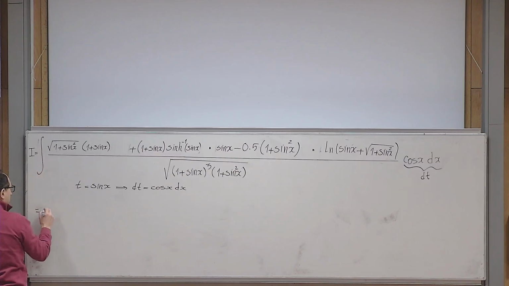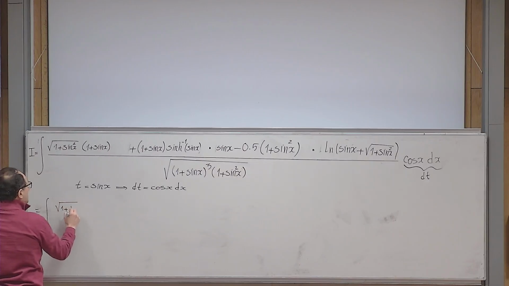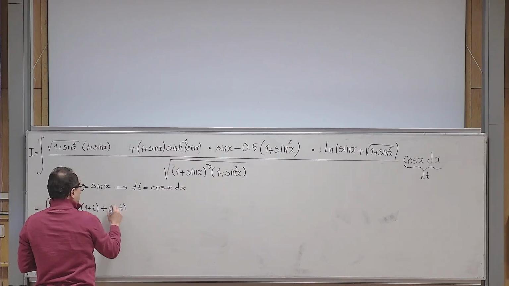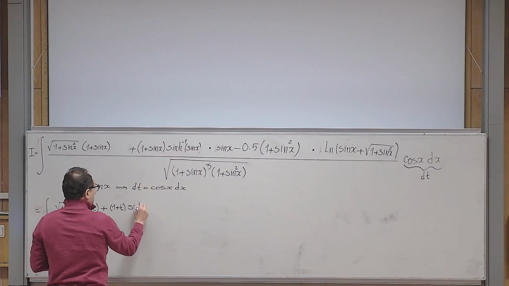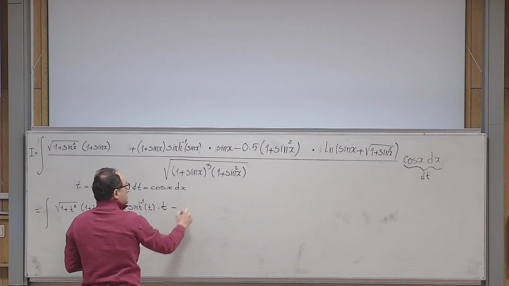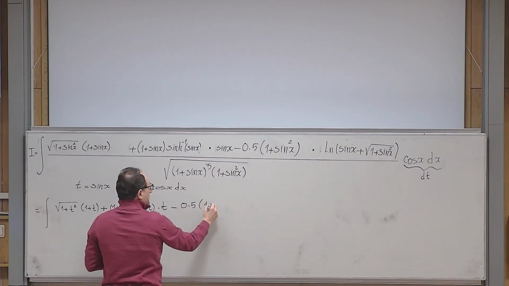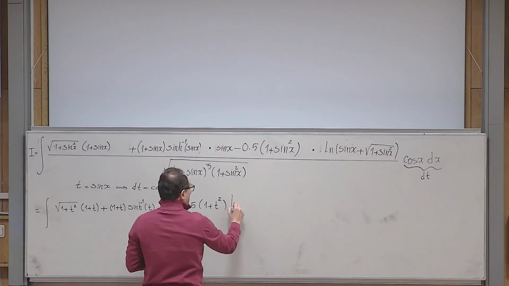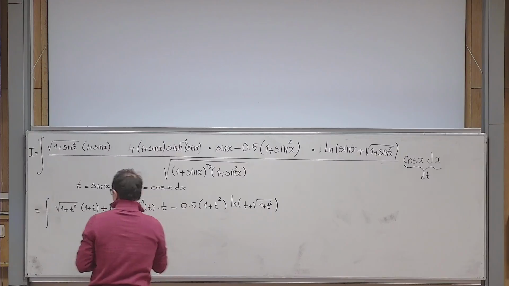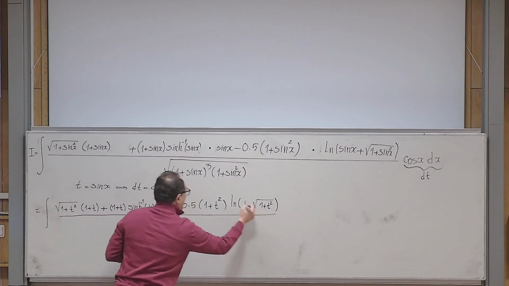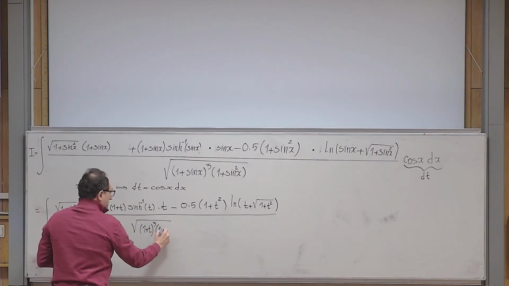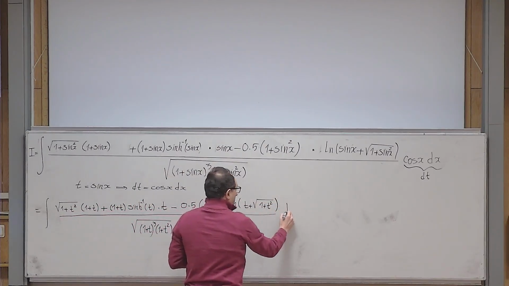So my integral I becomes equal to the integral of square root of 1 plus t squared times 1 plus t plus 1 plus t, and then sine hyperbolic inverse of t multiplied by another t minus 0.5 times 1 plus t squared, and then I will have ln of t plus the square root of 1 plus t squared, and then everything all over this expression, which can also be written as 1 plus t cubed times 1 plus t squared, and as I told you, dt.